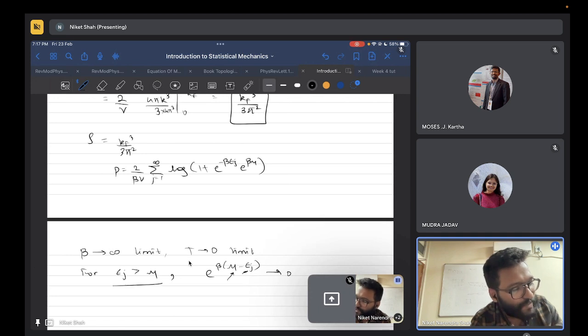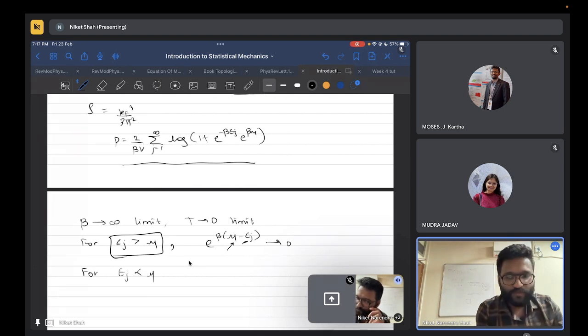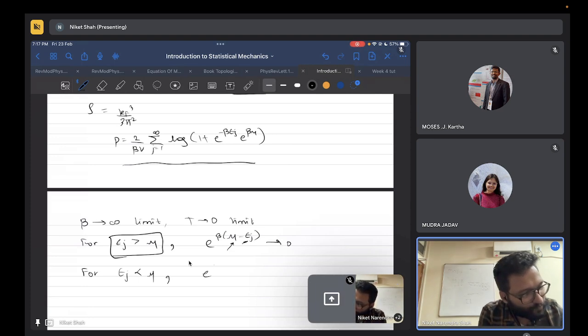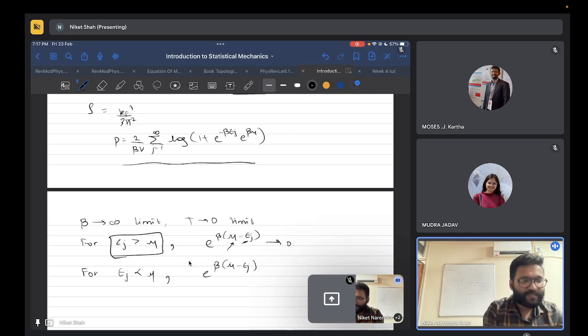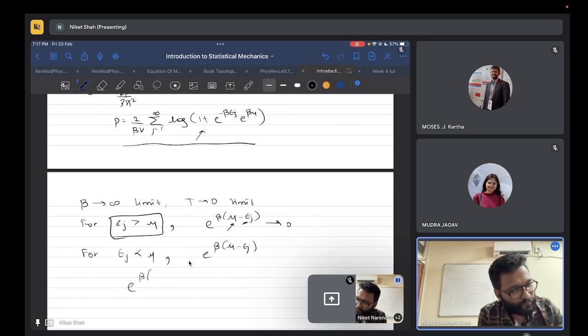So for epsilon j greater than mu, this summation will not give me any contribution. Only for epsilon j less than mu will I get any contribution, and that contribution, beta into mu minus epsilon j, will be very large because beta is tending to infinity and mu is greater than epsilon j. It will be much higher compared to 1, right? e raised to power beta of mu minus epsilon j is going to be much greater than 1.